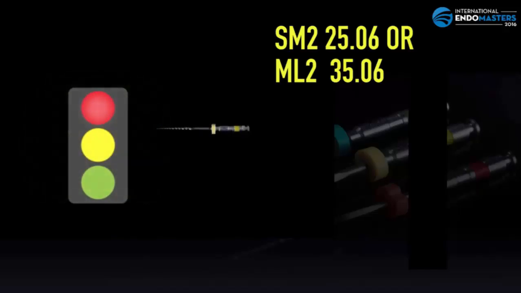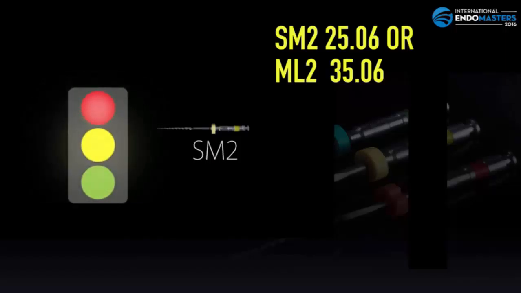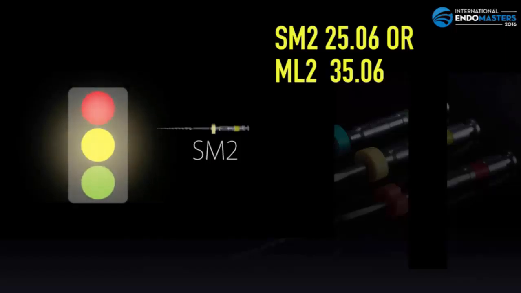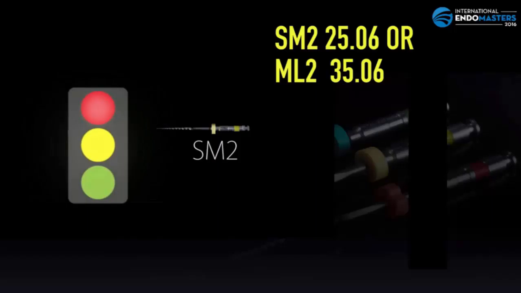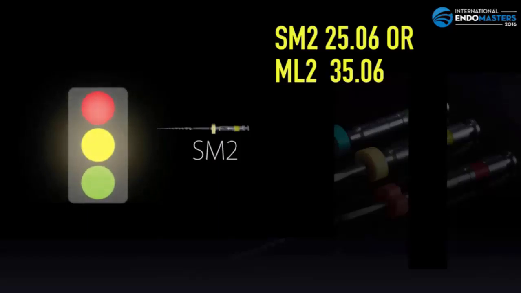In my personal opinion, the small sequence 25/06 is a really small file to finish the canal preparation. The main cause is that the needle of the EndoVac needs at least a number 32 file. So I suggest to my students to always finish with an SM3.